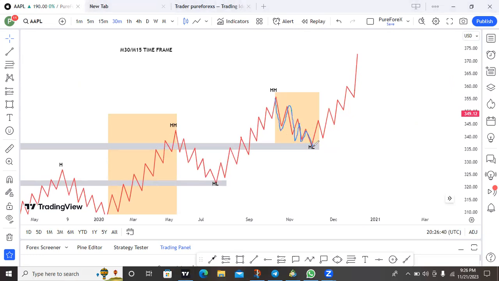Until the preceding structure breaks. The Dow theory has been breached. So the moment the Dow theory is breached, what does that tell you? On M15. It shows that it's a continuation.